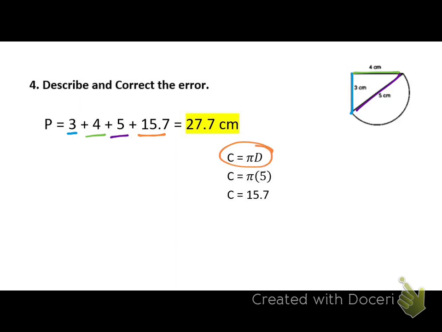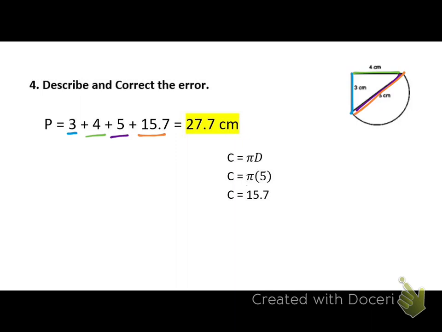They used the circumference formula, pi times d. They said the diameter of the circle was 5, and then they multiplied it and they got 15.7. Added all that up, and they got 27.7.